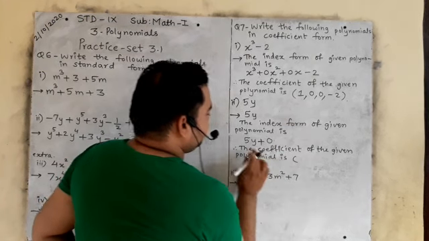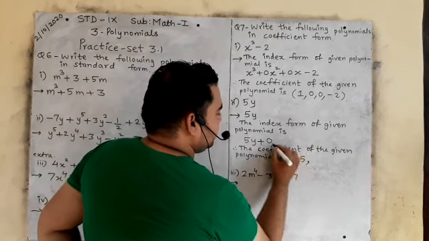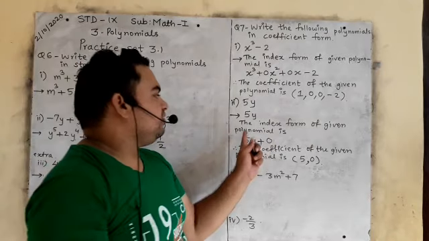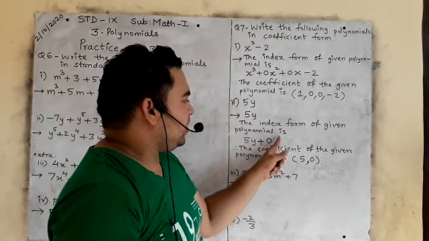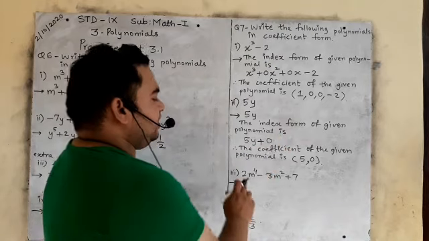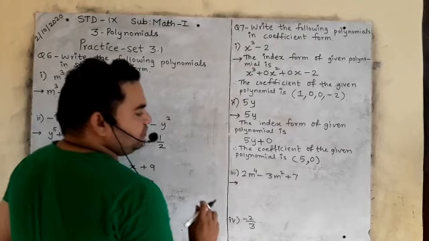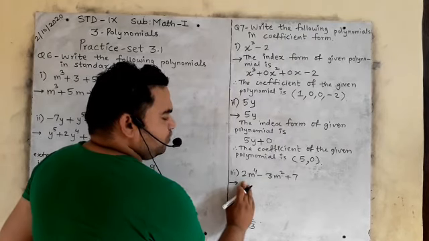You have to write the number beside the y, 5 and here 0. Is it clear? The index form of the given polynomial is 5y raised to 1 plus 0y raised to 0. Is it clear? And then now see this third polynomial, what you will do, you have to first write the index form of the given polynomial.